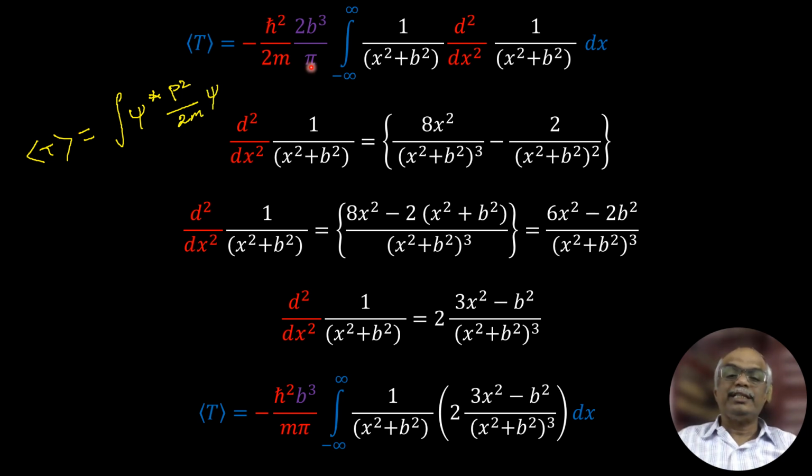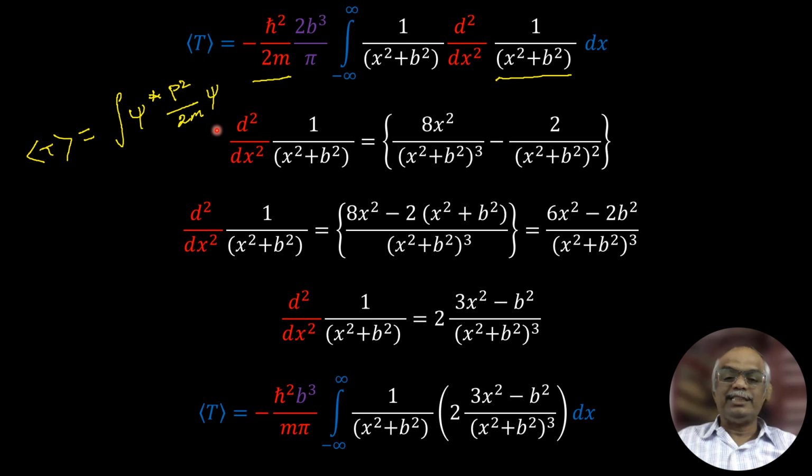So here the trial wave function has modulus A squared. You know modulus A squared is 2b cubed over pi, and psi star is 1 over x squared plus b squared. Already we have taken the square of the normalization constant outside. Then the kinetic energy operator is minus h bar squared over 2m d squared over dx squared. So you have to differentiate this twice, that is a second order derivative.